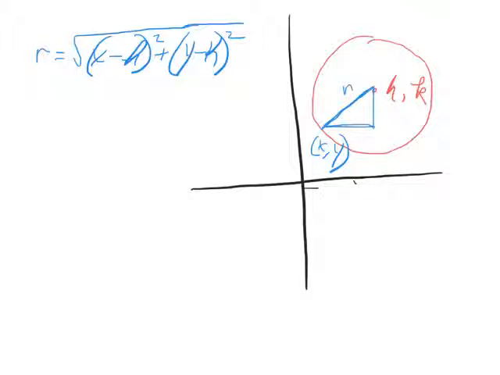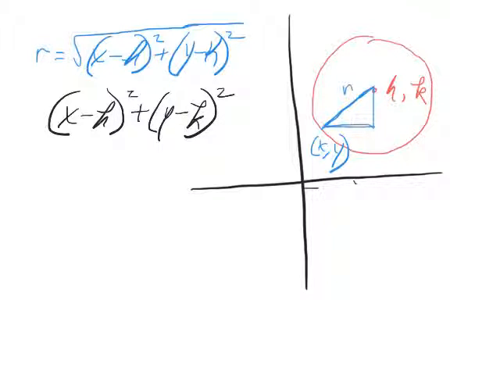Which brings us to the equation of a circle in the purple in the middle of page 67. X minus h, the quantity squared, plus y minus k, the quantity squared, equals r squared.